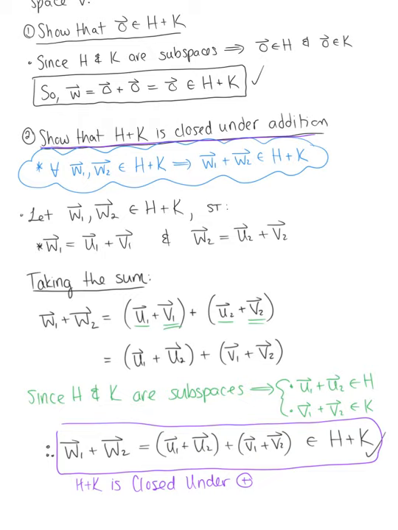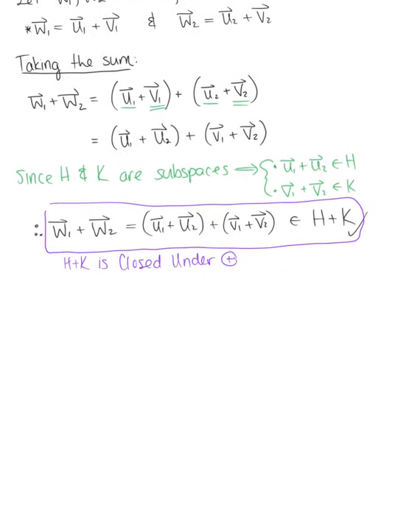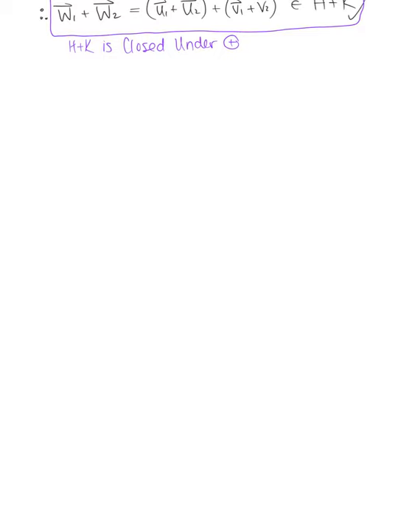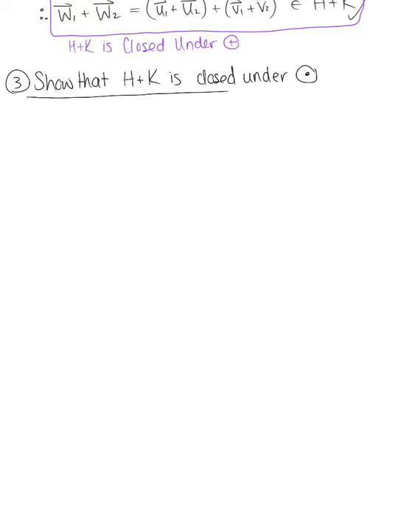We now want to show that H plus K is also closed under scalar multiplication. Oop, not 2, 3. Show that this set H plus K is closed under scalar multiplication. And again, just to guide us as we go, what is it that we want to show here?